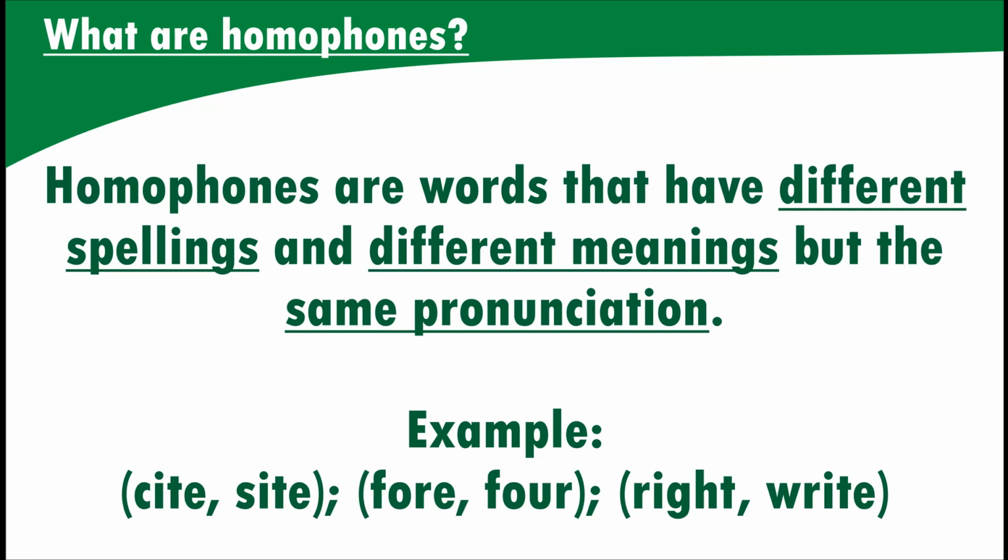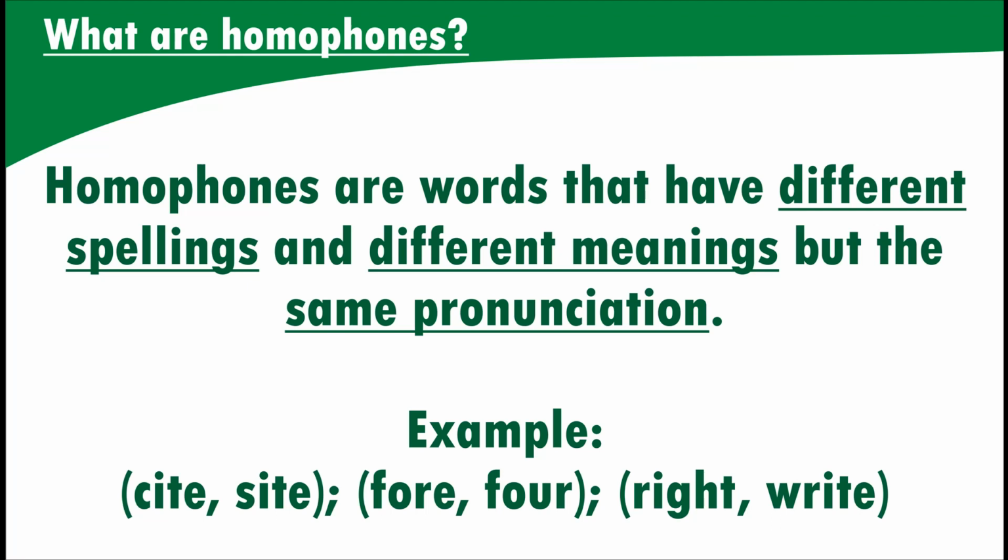So we have to take note of these facts about homophones. Different spellings, different meanings, but the same pronunciation. Now we have some examples here. The first one is cite, C-I-T-E, and the homophone is site, S-I-T-E. Both of them are pronounced the same way. Of course, the meanings are different.